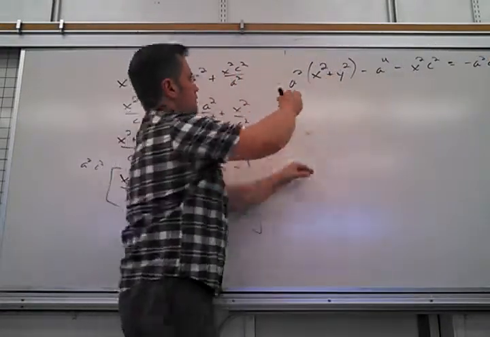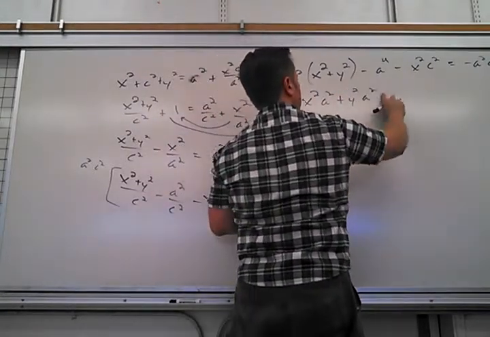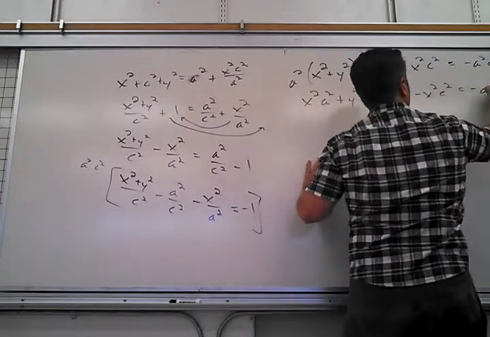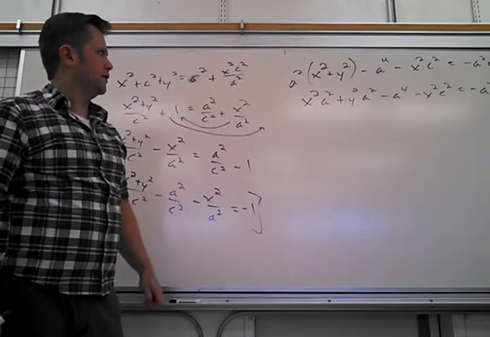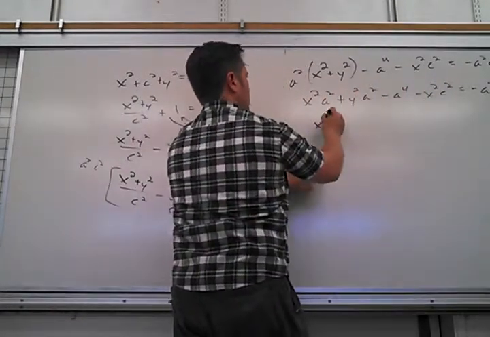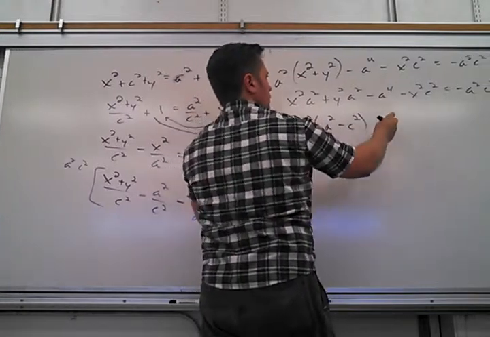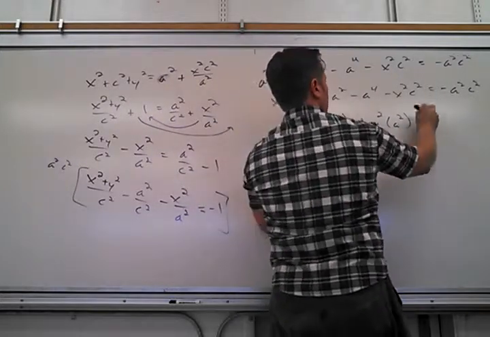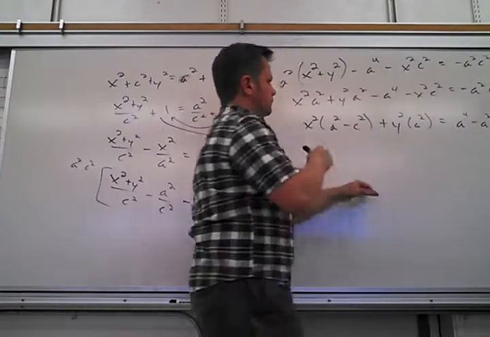And then if I pull this through, I'll get x squared a squared plus y squared a squared. So now look at the x squares. I have x squared times a squared minus c squared plus y squared times a squared. And when we push this over this side equals a to the 4th minus a squared c squared.